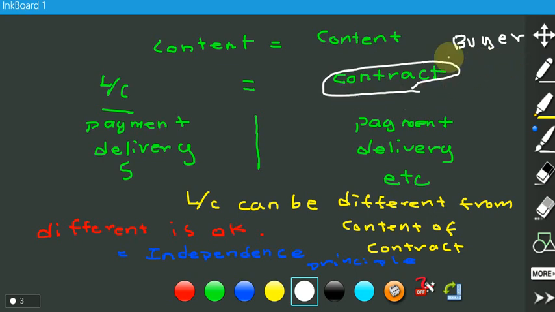If the buyer changed his mind when he or she had a contract with the seller, the contract content was A. For example, delivery conditions, as for example FOB.